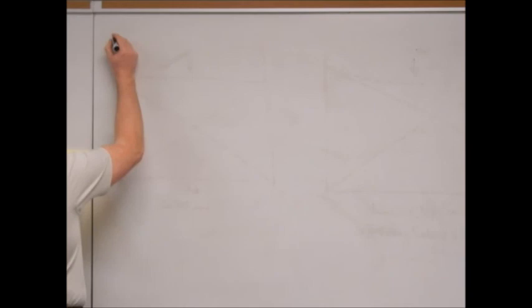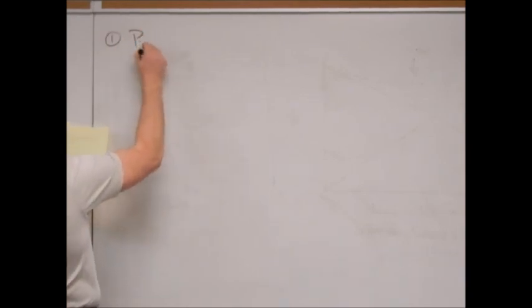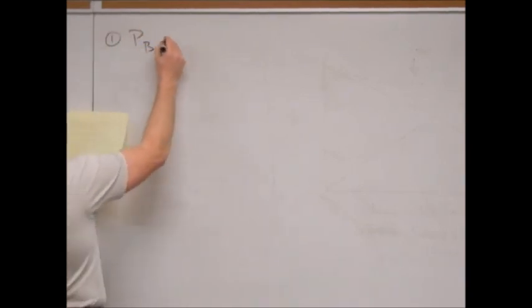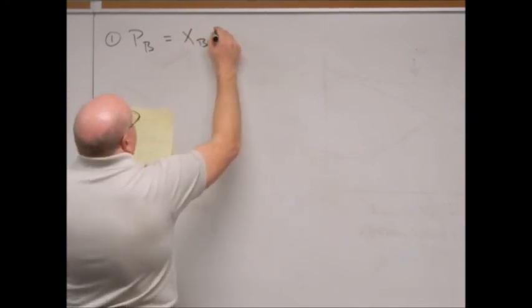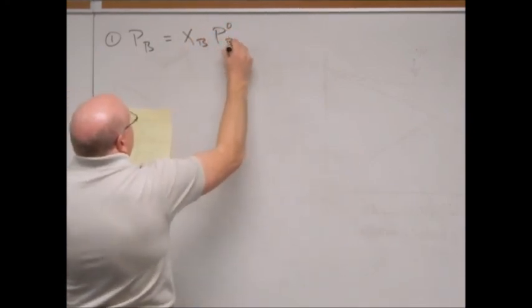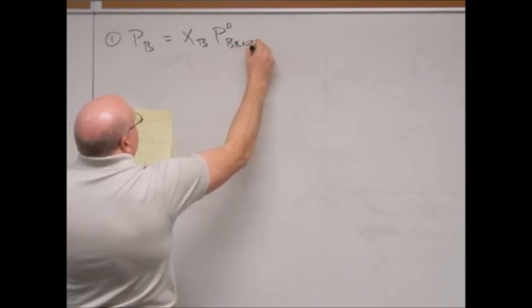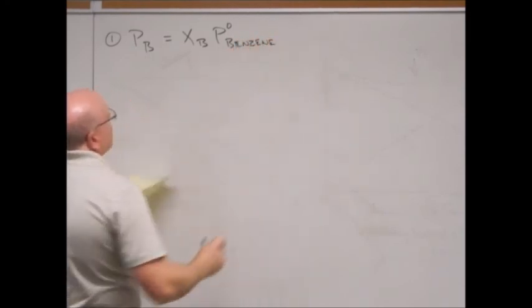Find the vapor pressure of the benzene. We'll call that P sub B, the vapor pressure of the benzene. It will be equal to the mole fraction of the benzene multiplied by whatever the vapor pressure of pure benzene is.